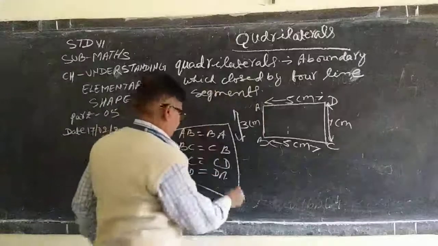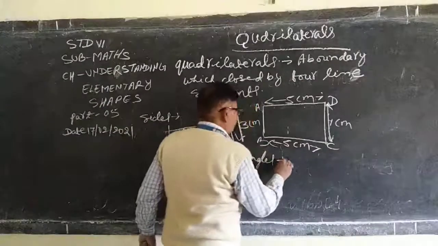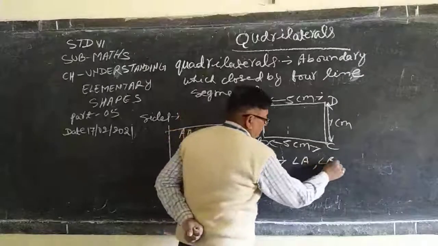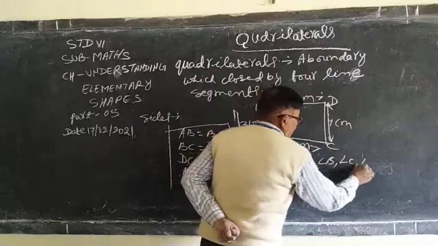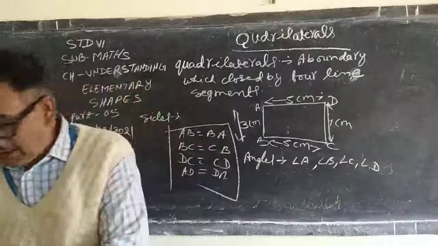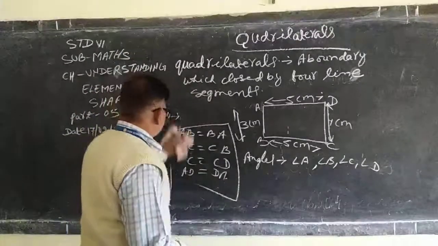Now angles. What do you write? Angle A, angle B, angle C, angle D. Clear? How many angles are there? 4 angles are there. Now my dear students, side is clear.